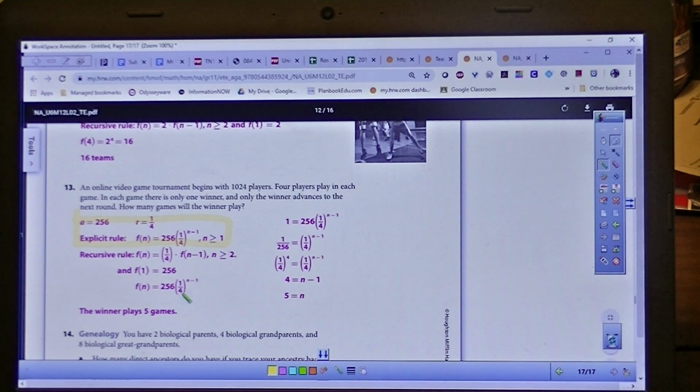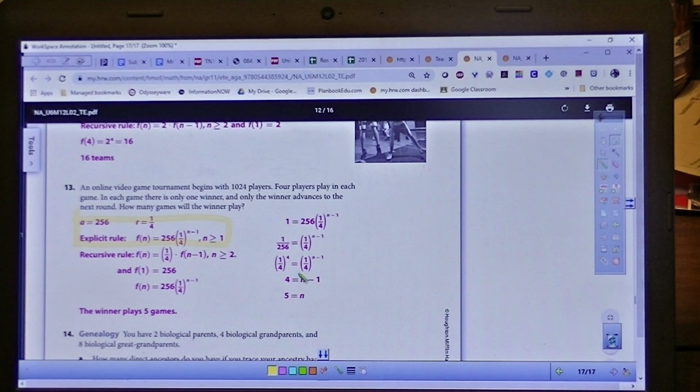And then what they got down to here, they said, well, let's plug in a 1, because that's for the winning team. So then they divided by 256, and they said, well, 256 is 1/4 to the 4th power.